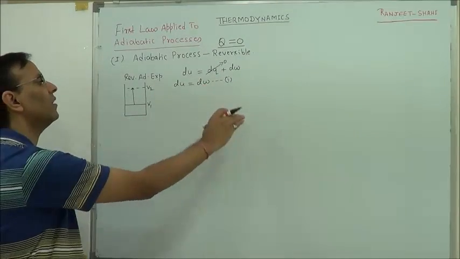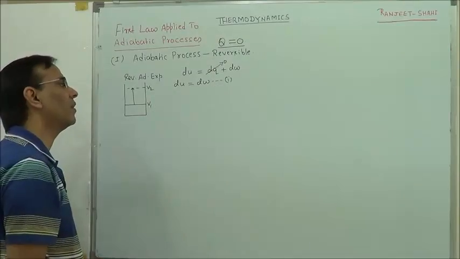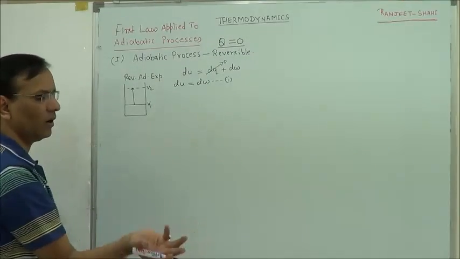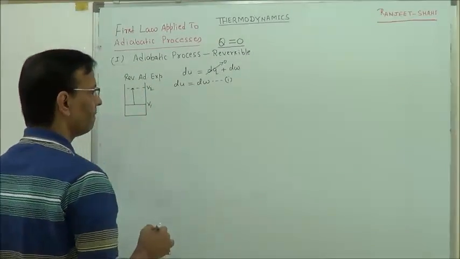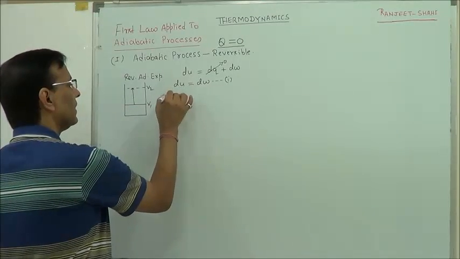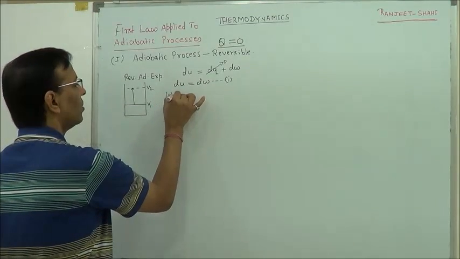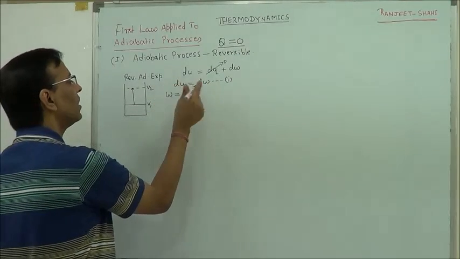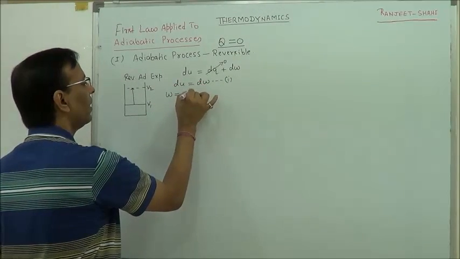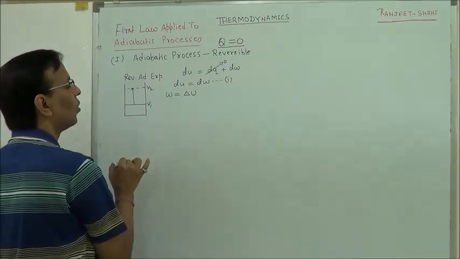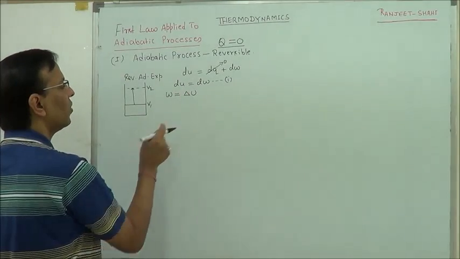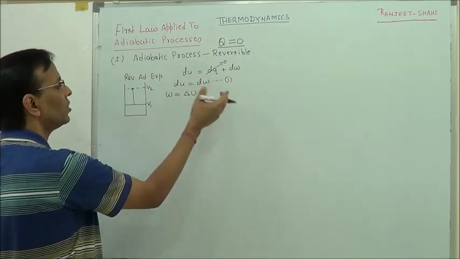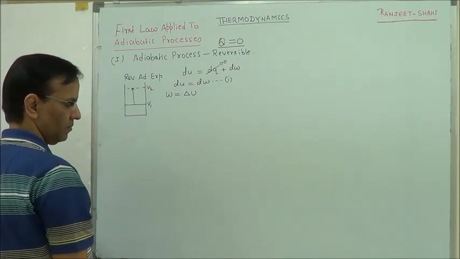If we integrate this equation on the two sides just for determining work, we obtain integral of dw is equal to integral of dU, delta U. So work done by the system is equal to change in the internal energy of the system.